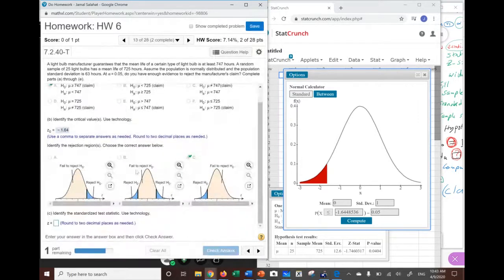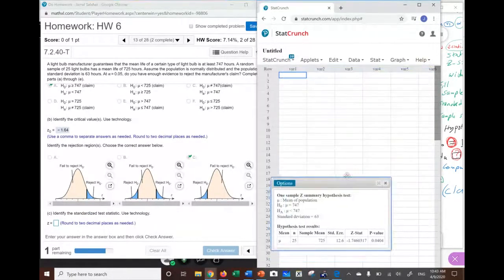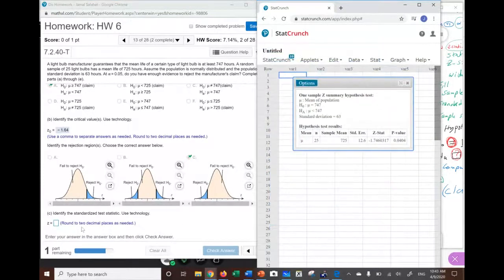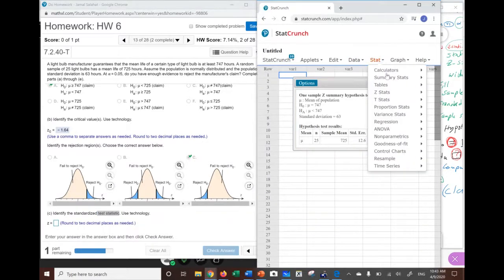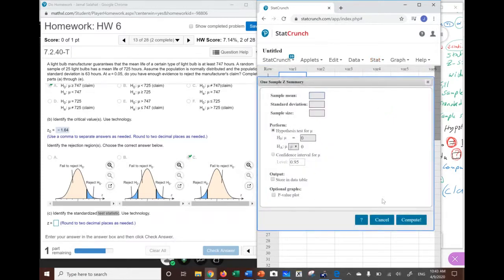Now we go to the next part of the problem. It says, okay, now let's go back to StatCrunch and close this. When we did the math earlier, we get the Z stat. What is the Z stat? Again, the standardized test statistic. Notice that we did that when we went to stat, and we went to Z stat, and we went to one sample, and we went to a summary, and then we filled those numbers in.